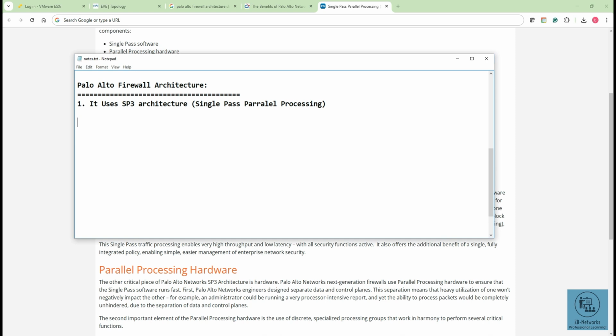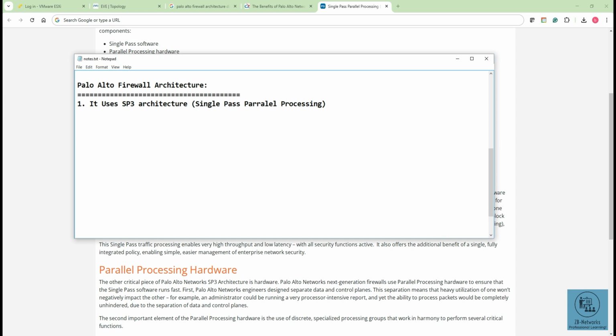We'll discuss those. This concept of single pass parallel processing is basically designed to give high performance. It is designed to provide low latency, right? And it is going to give you deep security inspection, right? So if you want to break this down into multiple pieces, it is like that.